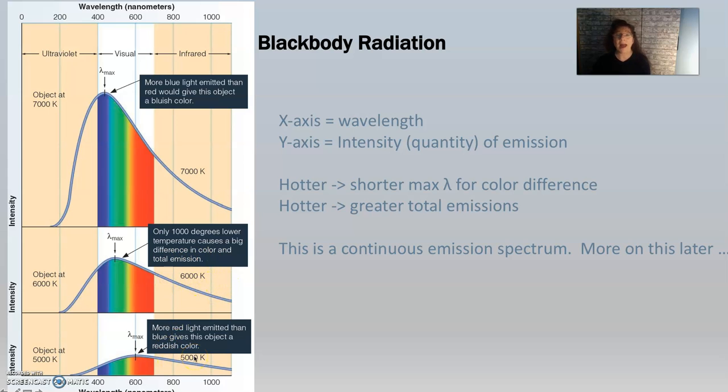And if you had a star, for instance, new stars are quite cool until they get going. And so new stars would show a wavelength that might be in the red zone, a little longer, and lower total emissions for 5,000 Kelvin. This is a continuous emission spectrum. We're going to be talking more about that soon.